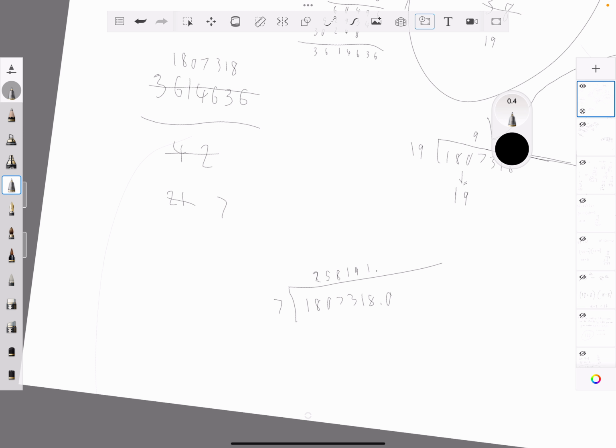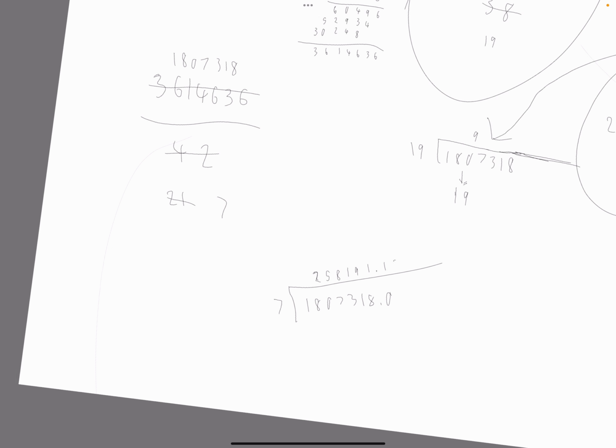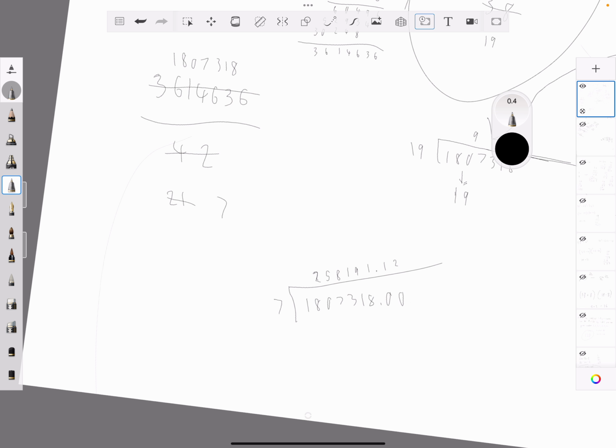Okay. 30. 6. 60. 7 64. Oh my gosh, my calculation is wrong over there. Okay, where was I over here? Okay, so that's 61.